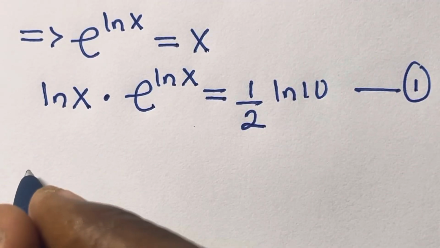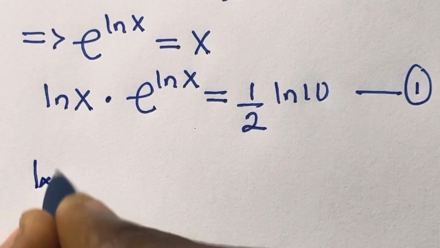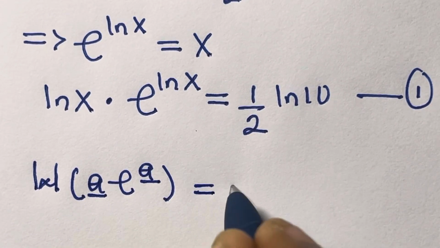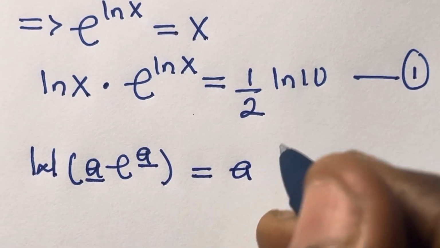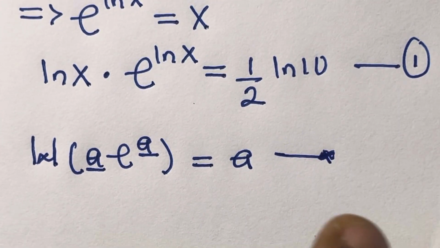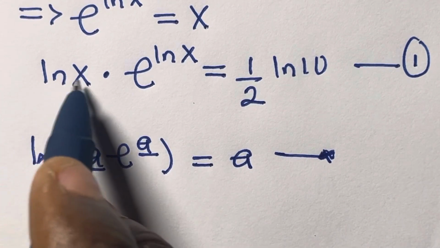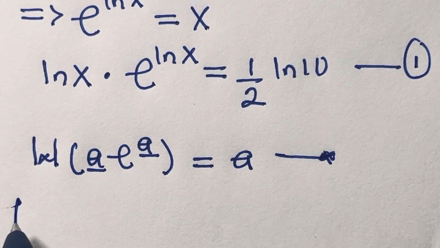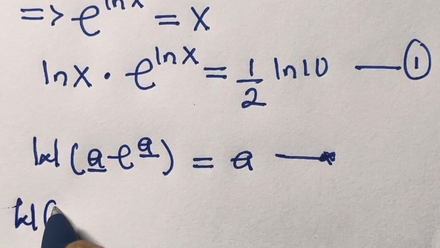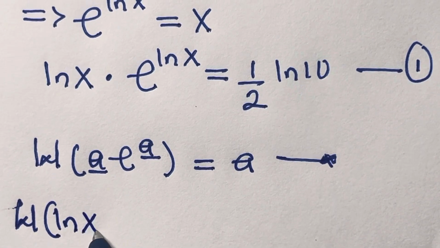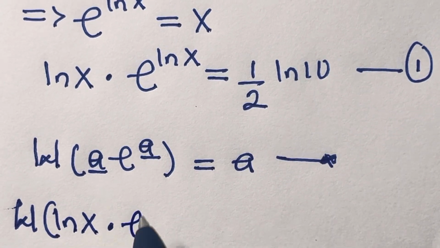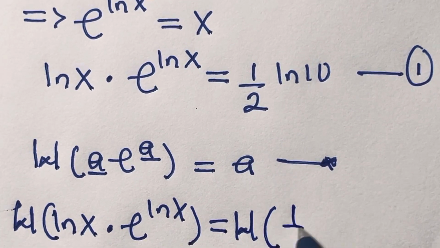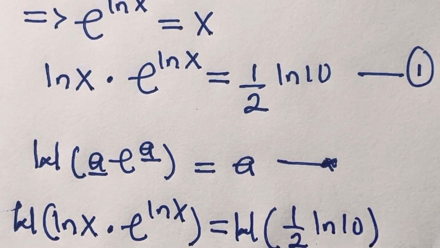However, from the Lambert function, if we have the Lambert function of a exponential a, if the base and the power are the same, we are going to have a. All right, let's note this. So now, if you introduce the Lambert function to both sides of this, we are going to have the Lambert function of ln x multiplied by exponential ln x equals the Lambert function of 1 divided by 2 ln 10.